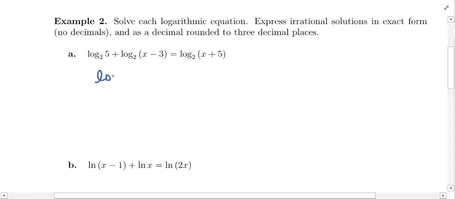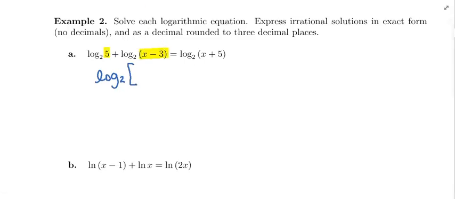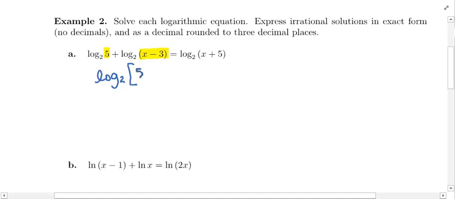So on the left side, this is going to be log base 2 of, take the things that you're taking the logs of and multiply them together. It's going to be 5 times the package deal (x minus 3), so you need parentheses around the x minus 3. That's how you condense the logarithms on the left side, and we're not doing anything with the log on the right side.